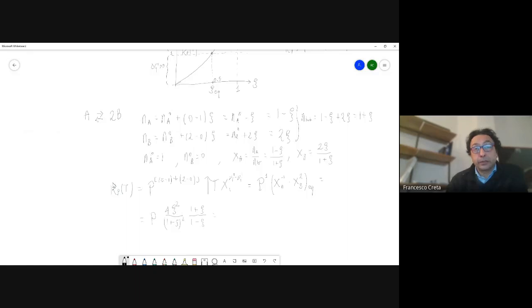So essentially the bottom line is that you have pressure and then this function, which is 4 psi squared divided by, if I'm not mistaken, 1 minus psi squared. And this is at equilibrium.